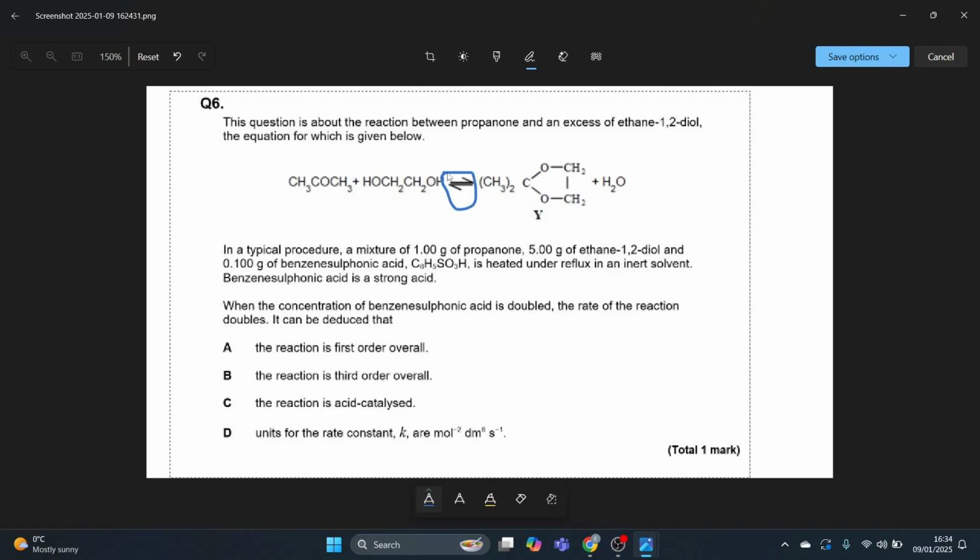In a typical procedure, a mixture of 1 gram of propanone, 5 grams of ethane-1,2-diol, and 0.100 grams of benzene sulfonic acid is heated under reflux in an inert solvent. Benzene sulfonic acid is a strong acid. When the concentration of benzene sulfonic acid is doubled, the rate of reaction doubles. It can be deduced that A, the rate of the reaction is first order overall, and then you've got those.